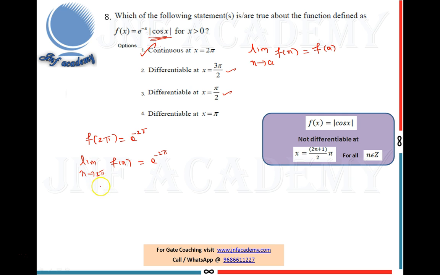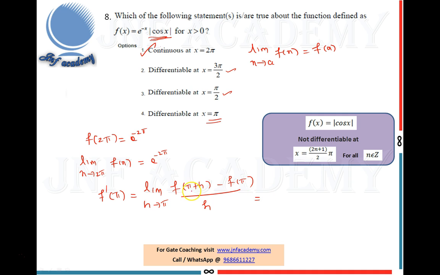How do we check differentiability at x equal to pi? I find the derivative at that point, f dash of pi. By definition, this is the limit as h tends to 0 of f of pi plus h minus f of pi, divided by h.